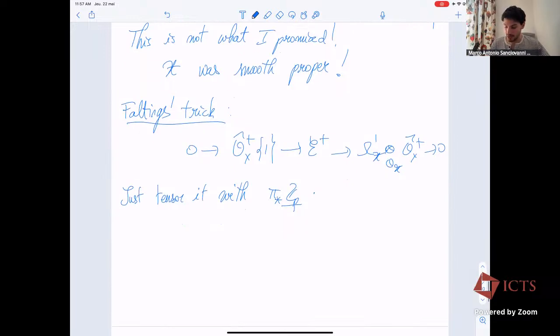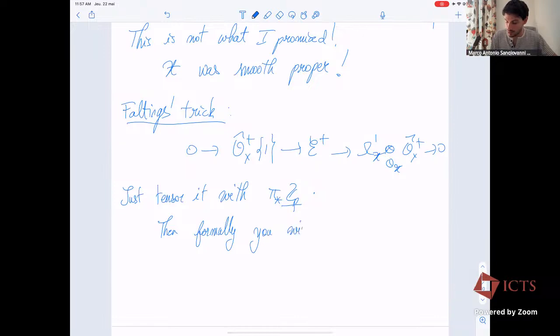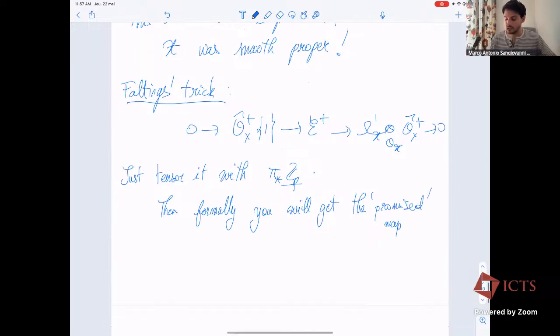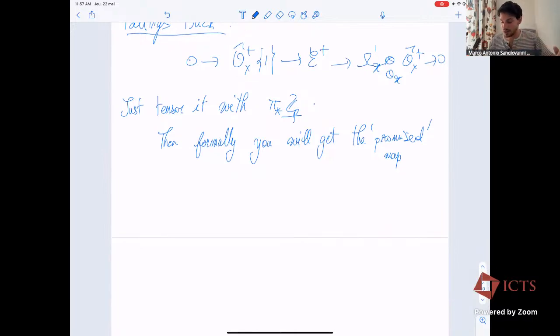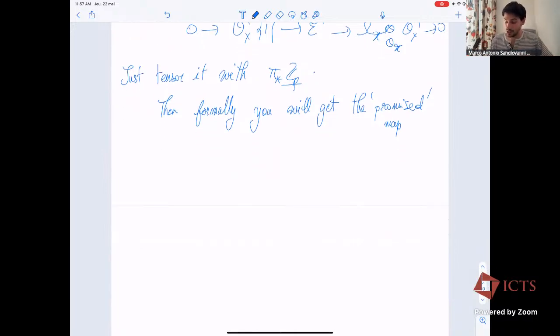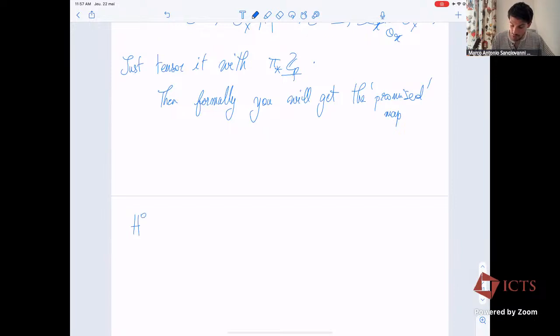And then formally, you will get the promised map, with the important difference that it's not an actual map, but an almost map, which becomes an actual map after you tensor with the maximal ideal of OCP.